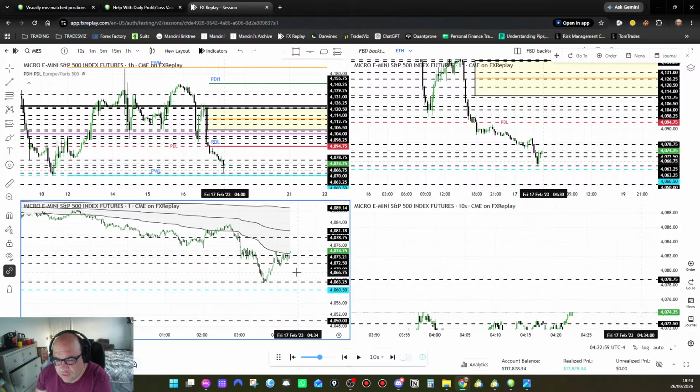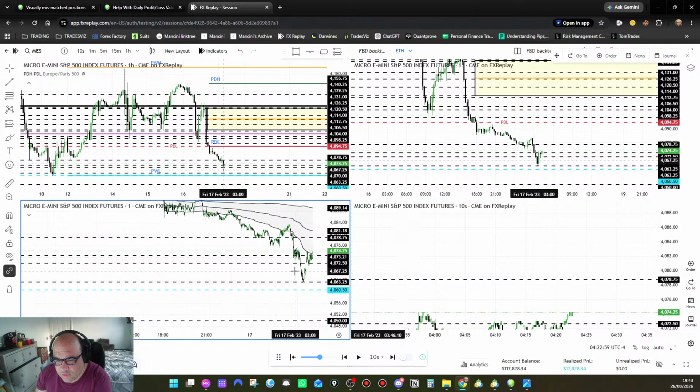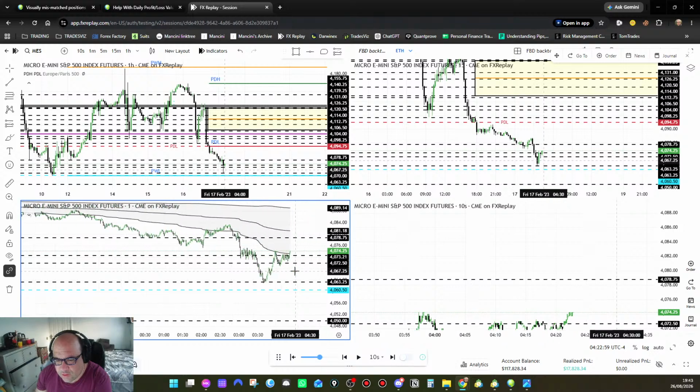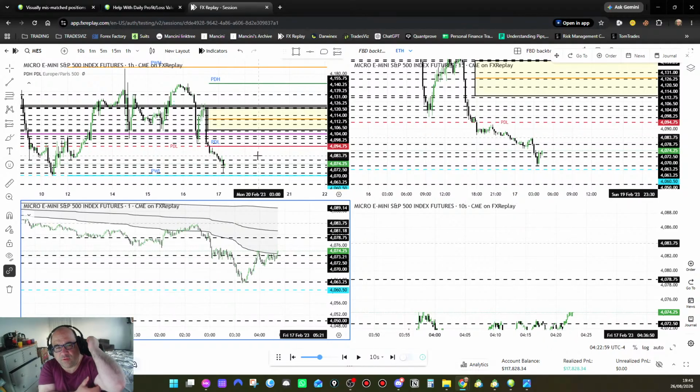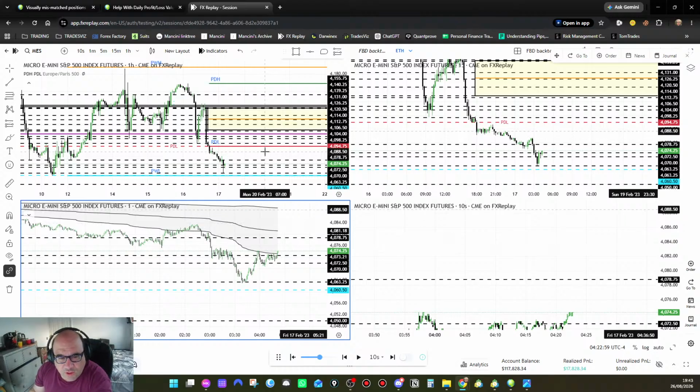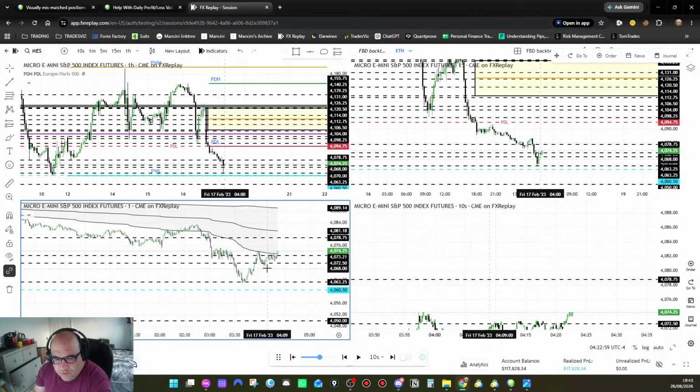Okay, we see here something interesting. We didn't see any failed breakdown. We saw it touched at the level close to it, but not at the actual level. The actual low. We didn't see any failed breakdown, but we covered, and now we're getting into the DVA low.